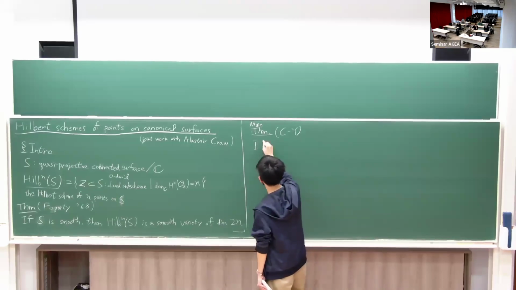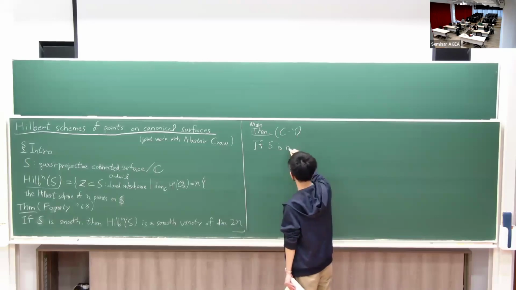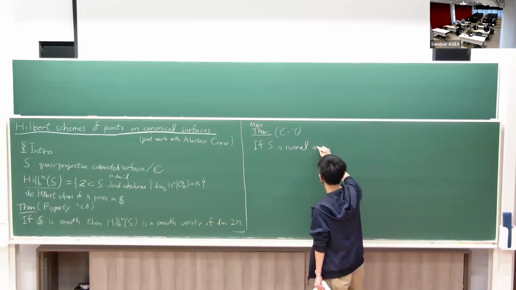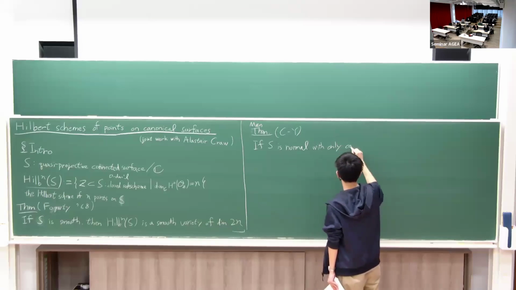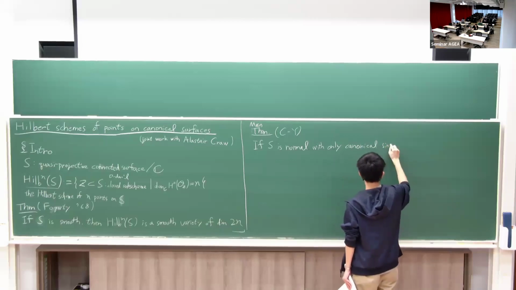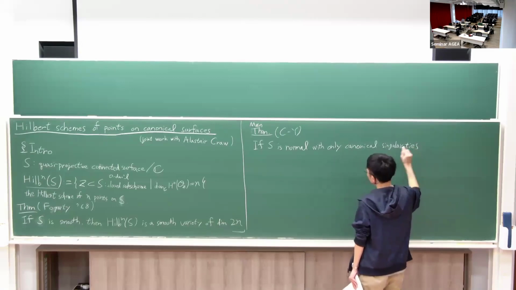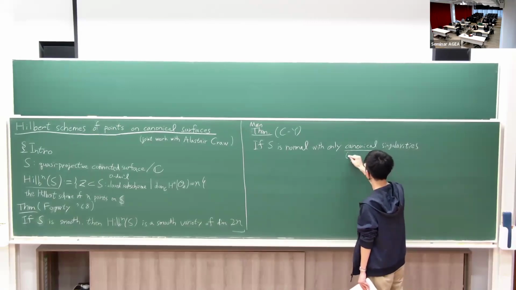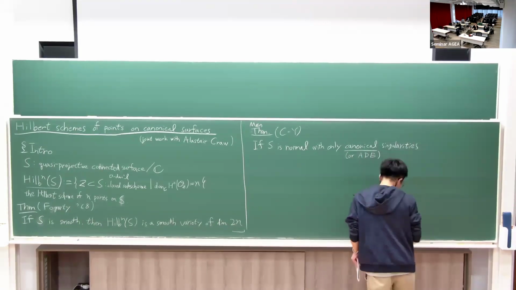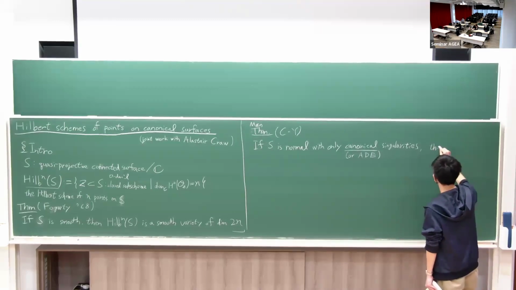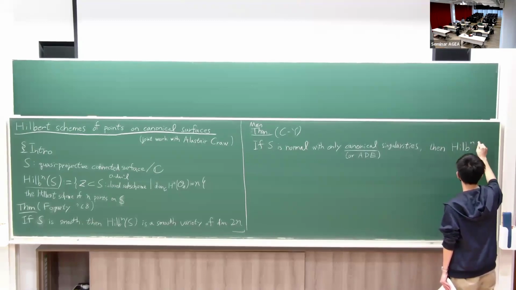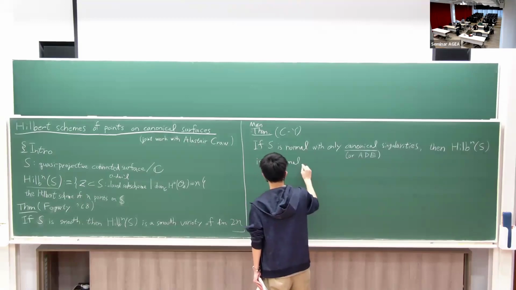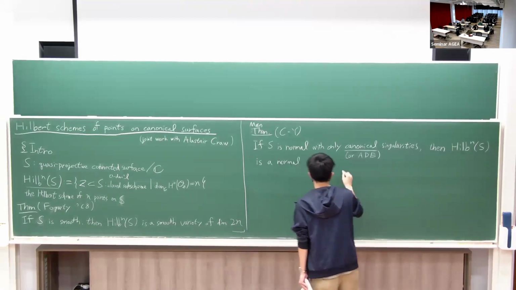If S is a normal surface, so here we assume this is a mildly singular surface with only canonical singularities, which for a surface is equivalent to having ADE singularities, then the corresponding Hilbert scheme of n points on S is a normal variety of dimension 2n.